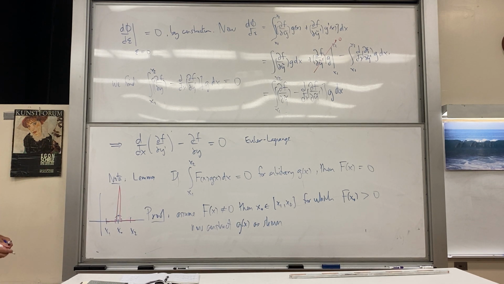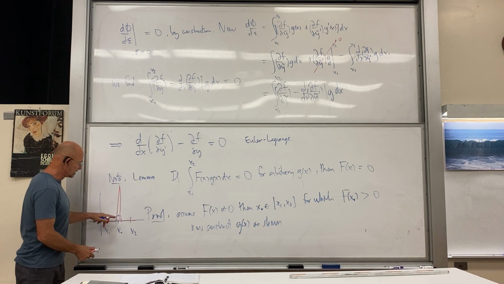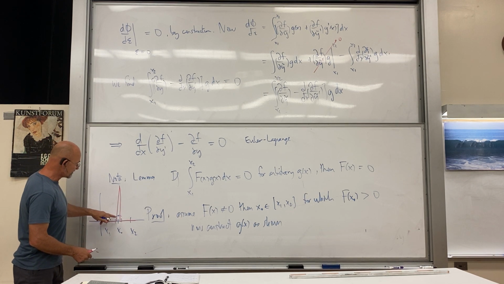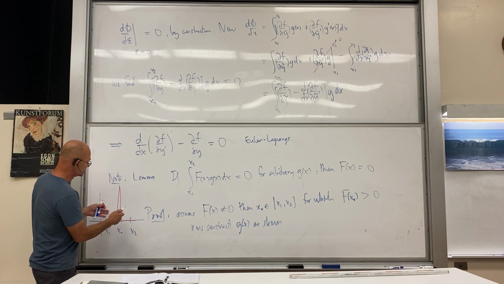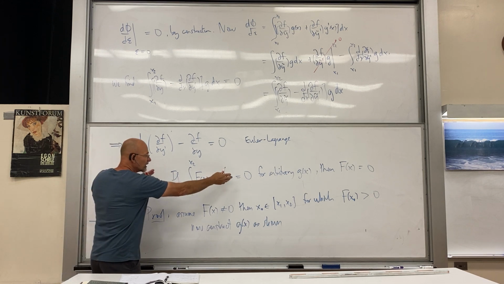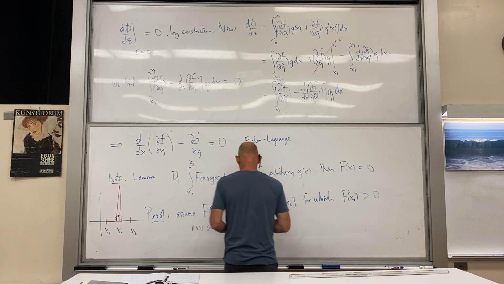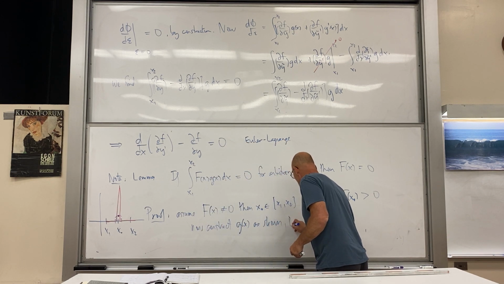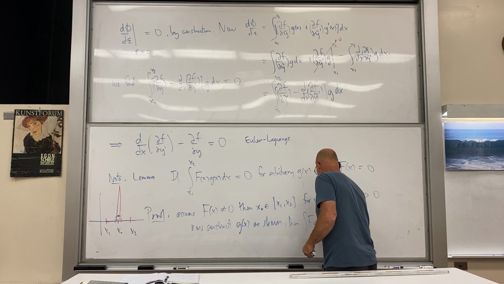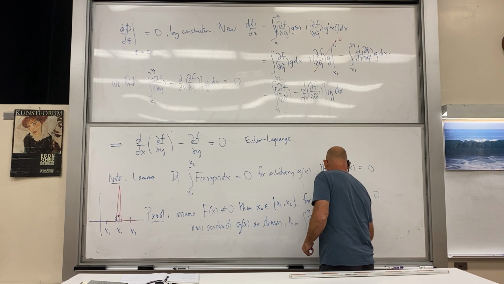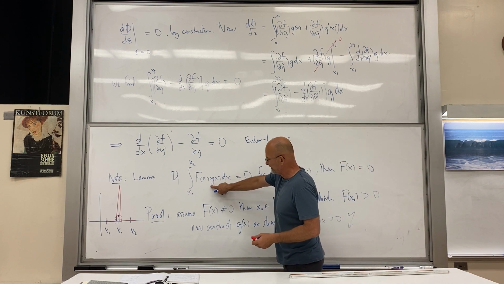That's one of those arbitrary functions that g of x is allowed to be, and the integral of this f of x, which is this little value here, times this spike, is clearly going to be greater than 0, not equal to 0. So now construct g as shown, then integral fg dx is greater than 0, and there's our contradiction when we assume that it is 0.